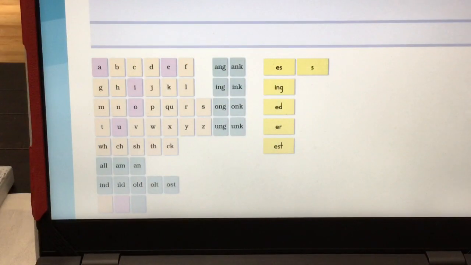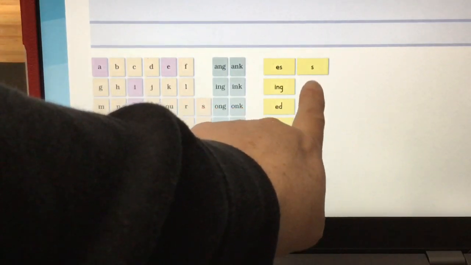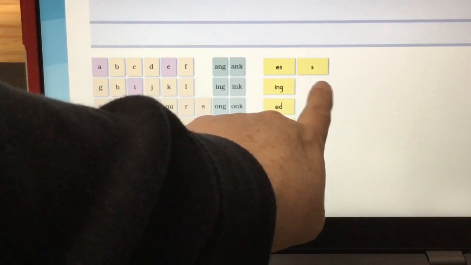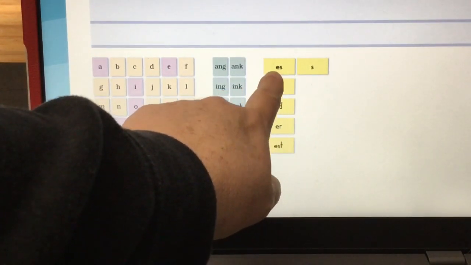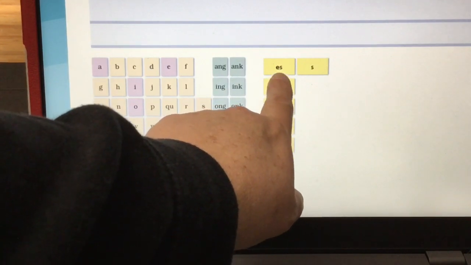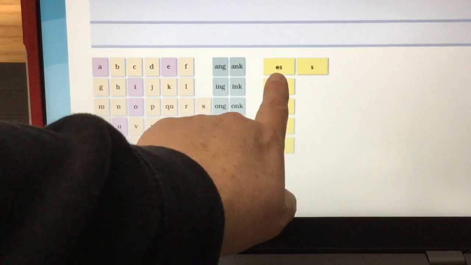All right, I want to turn our attention to our sound chart because to make a word plural, S is not the only suffix you could use. Look right here. What's this suffix? ES.